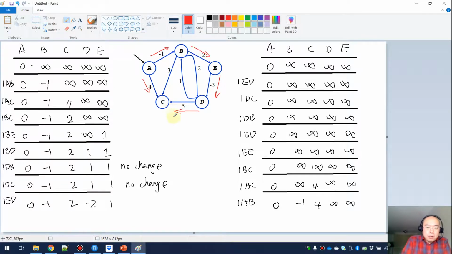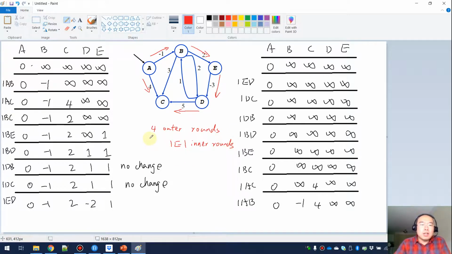Well, remember, we have 4 outer rounds, and then inside we have the inner rounds. That is for the second iteration, right? So why do we want to do the 4 here?